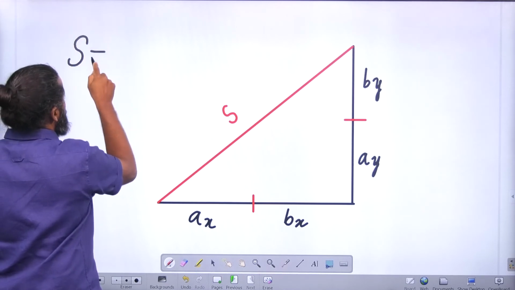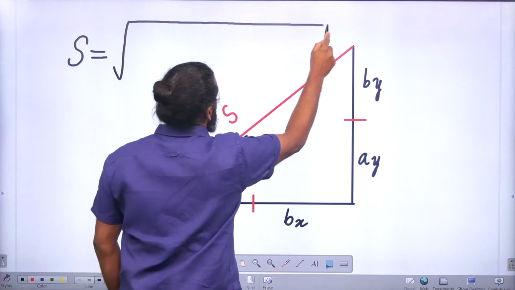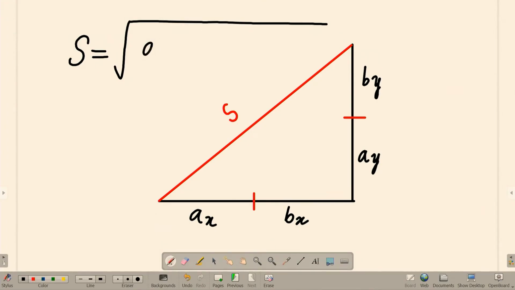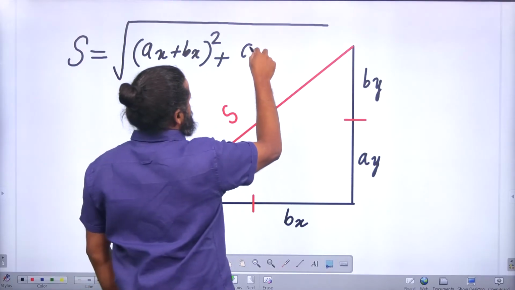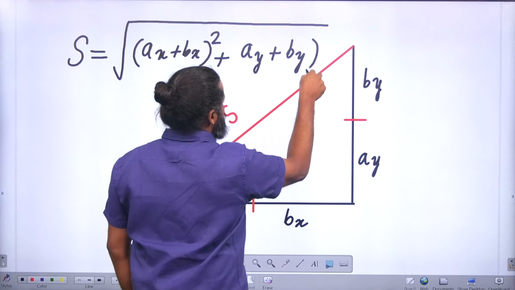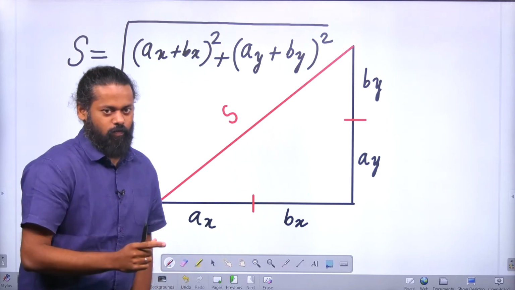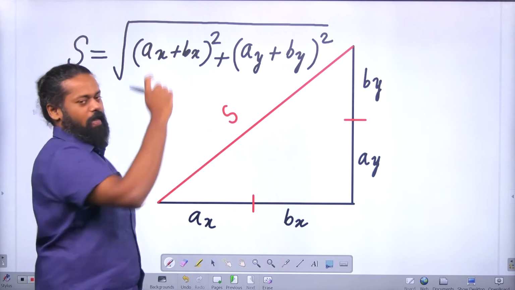S is going to be equal to the square root of, how much is the base? You can say AX plus BX the whole square, plus AY plus BY the whole square. So, this is going to give you the magnitude of the resultant force, exactly the value of S you can obtain.